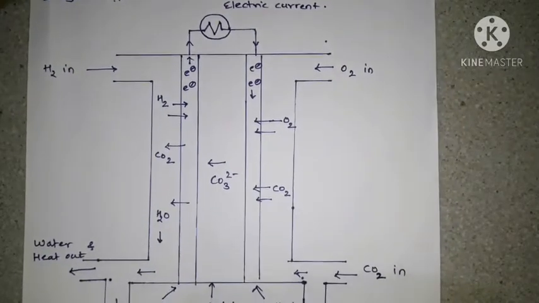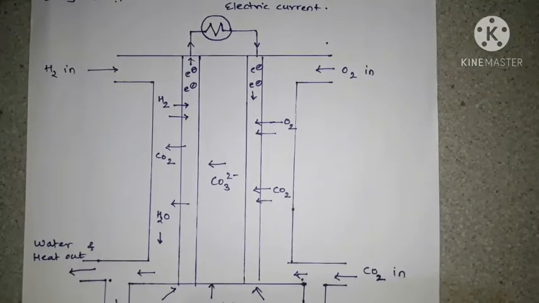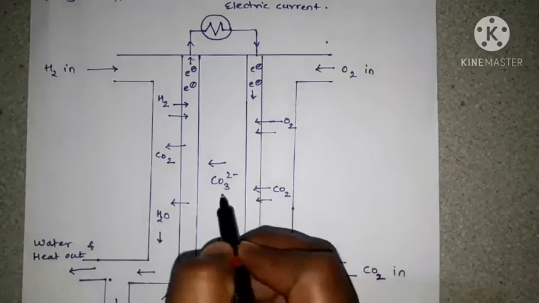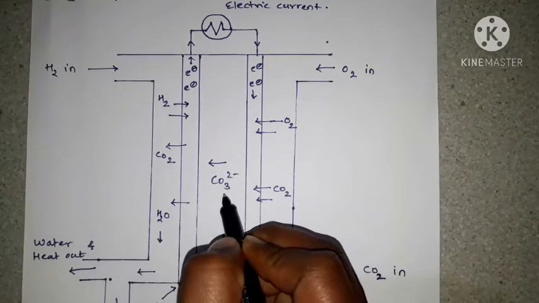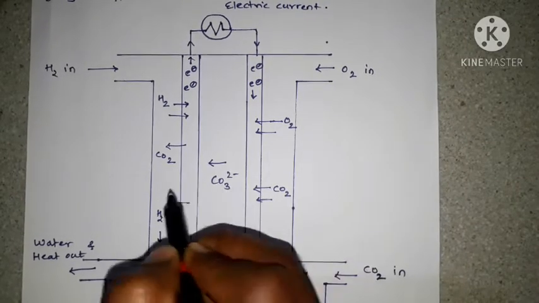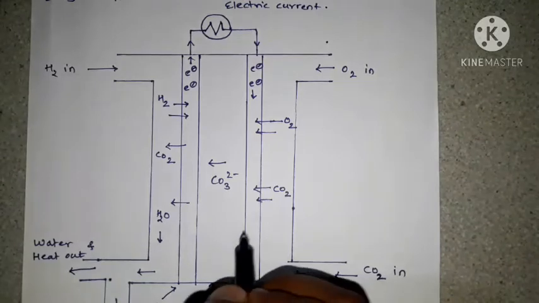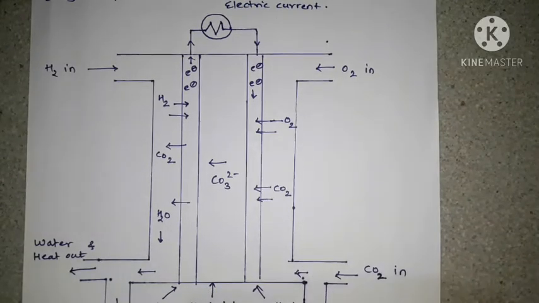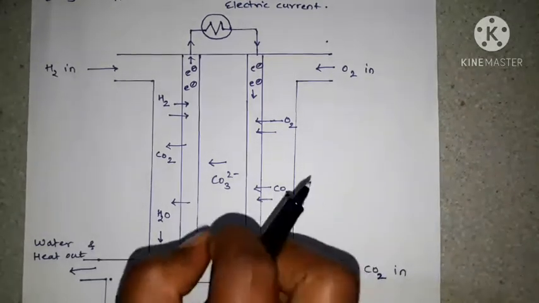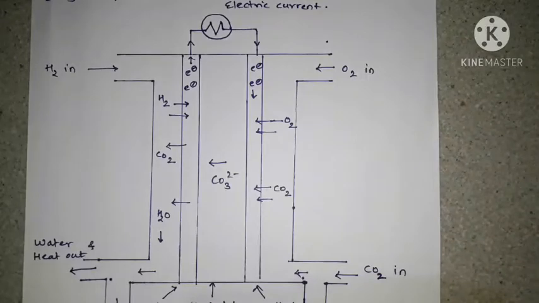Look at this, the cell setup of the molten carbonate fuel cell. How to identify it is a molten carbonate fuel cell? Because the carbonate ion is used as electrolyte in the molten carbonate fuel cell. So you can easily identify that it is the molten carbonate fuel cell setup.